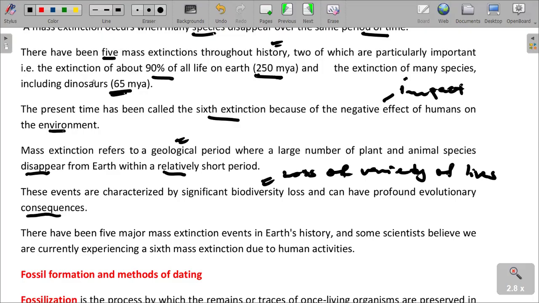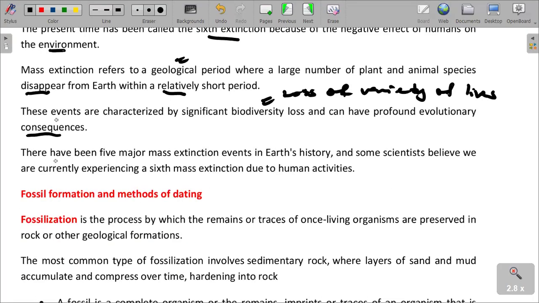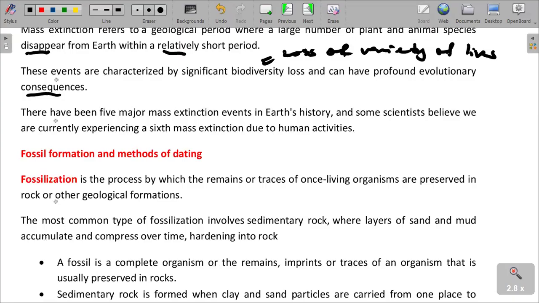We are saying it has very important implications in evolutionary explanations. So there have been 5 major ones, and we have also mentioned the sixth extinction due to human activities.